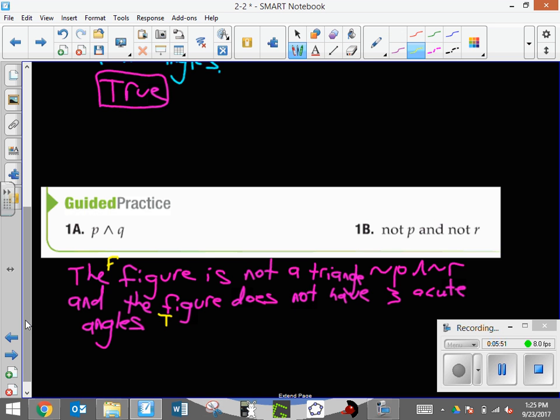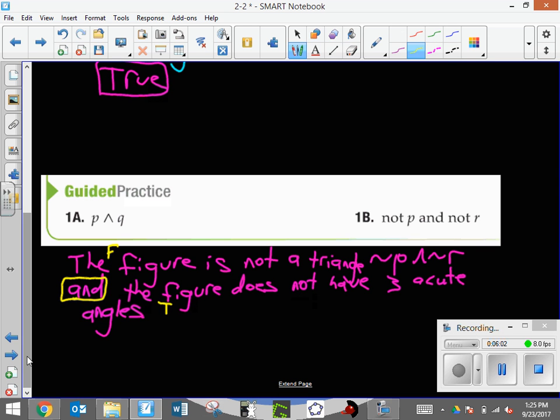This time I have false and true. And remember, in the word and, both of those simple statements need to be true in order for the whole statement to be true. So this time my statement is going to be false. And that's conjunction. Okay? That is conjunction.